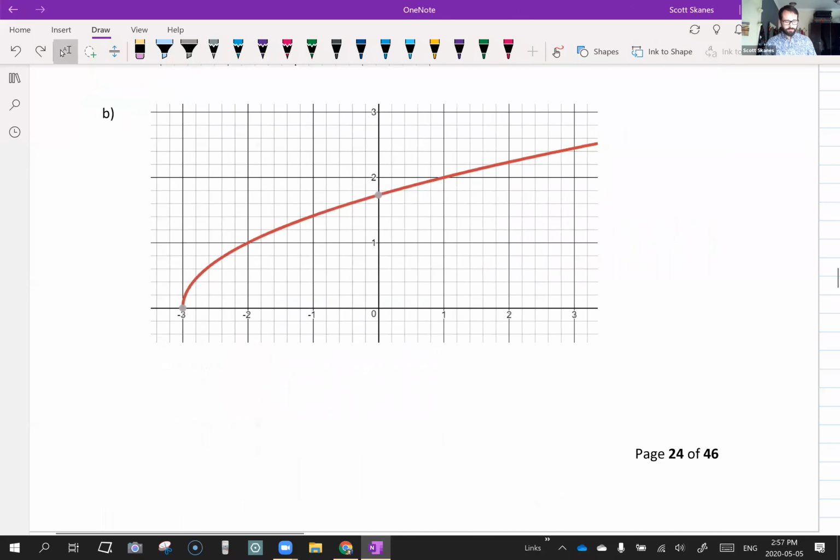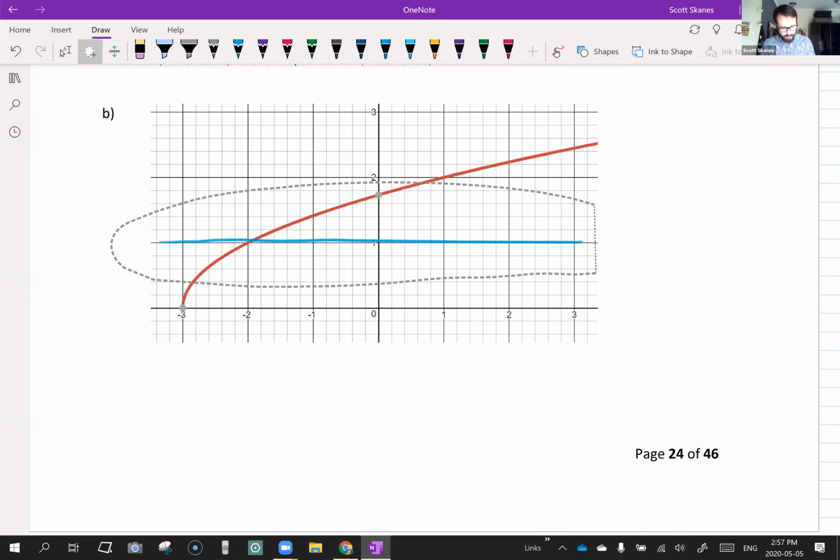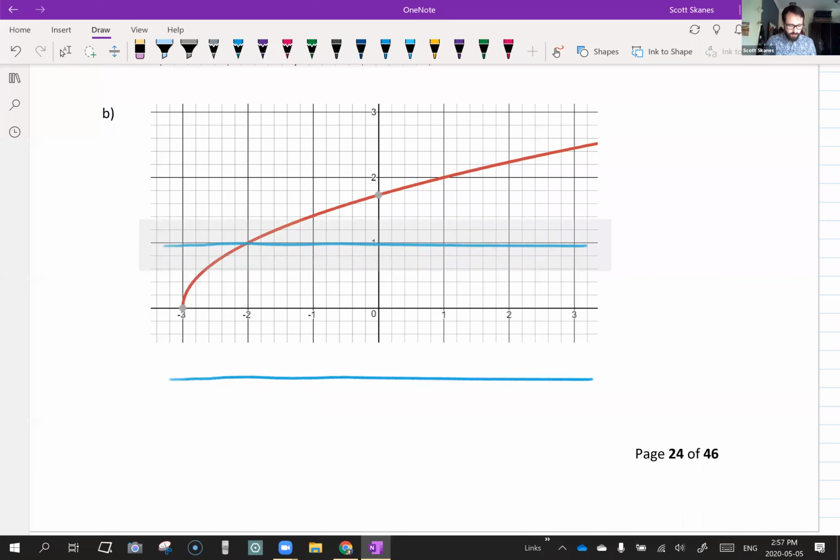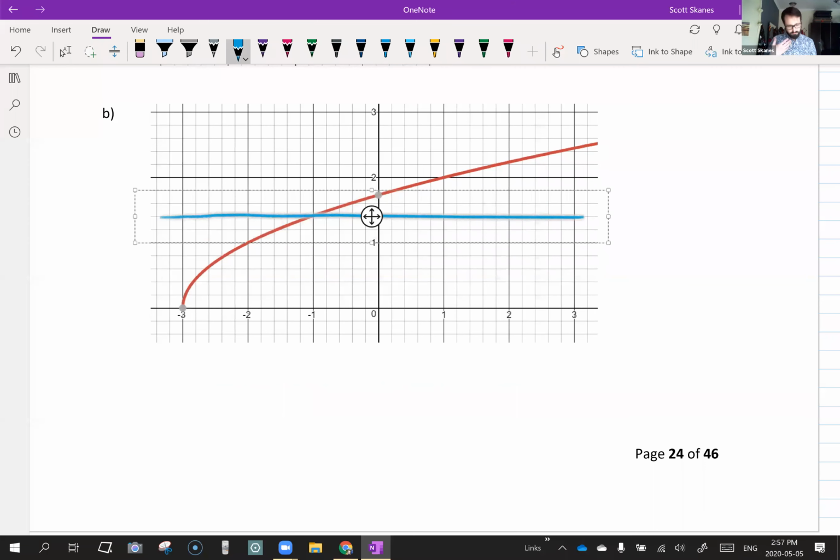So B, very simply, yes or no, does it have an inverse? Yes, because it doesn't matter where you put this line. I showed you this before, I'll do it again. You can use your hand, you can use a ruler, you can use your brain, whatever. No matter where it touches the line, it only touches once, and that's all we need.